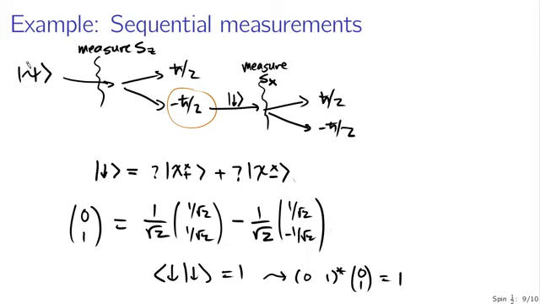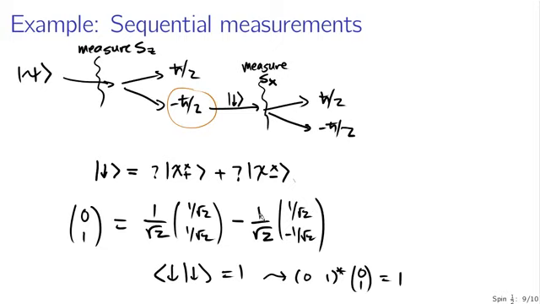We had a quantum state in an unknown system, measured the z component of the angular momentum, and supposed that we got the minus h bar over 2 eigenvalue, which meant that our quantum system was in the down z component of angular momentum eigenstate. Then, in order to figure out the outcomes of a measurement of the x component of the angular momentum, we expressed that down state as a superposition of eigenstates of the S sub x operator.